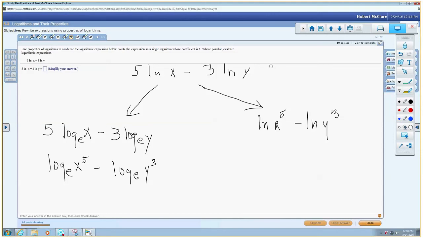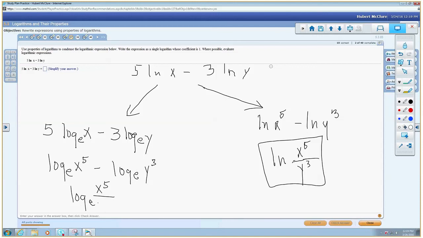And then over here, we can go log of x to the 5th over what? X to the 3rd. Thank you. And then over here, we can do log base E of x to the 5th over y to the 3rd.